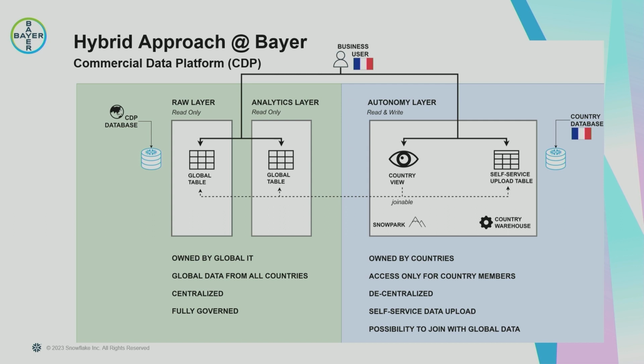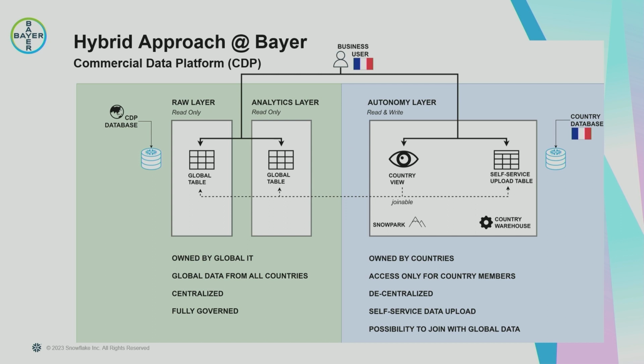So we still have that global centrally managed CDP on the left side, where business users have access to a raw layer with raw data, usually more suitable for data science use cases, and also access to an analytics layer where data is already cleaned and pre-aggregated, more suitable for the classic BI reporting use case.